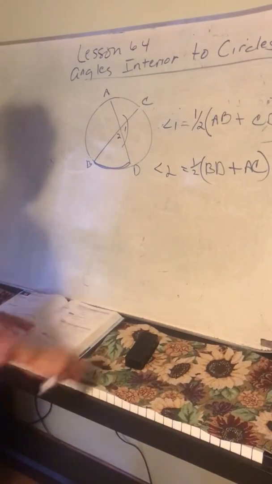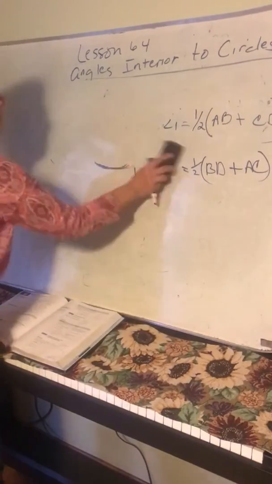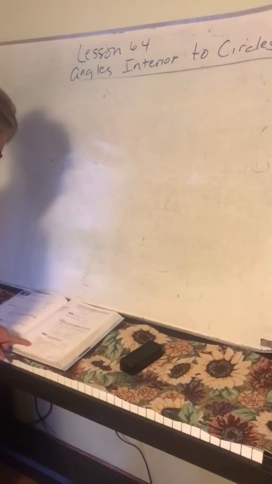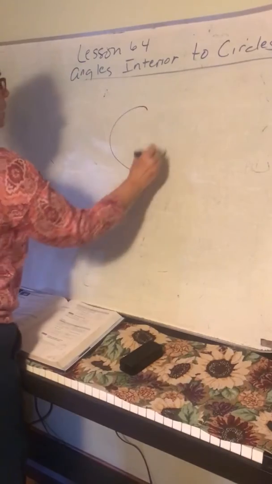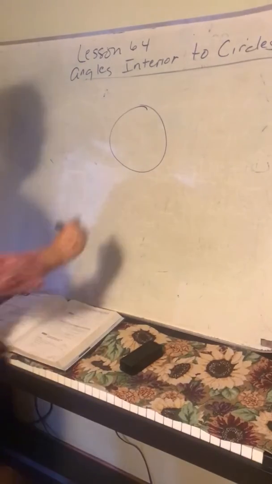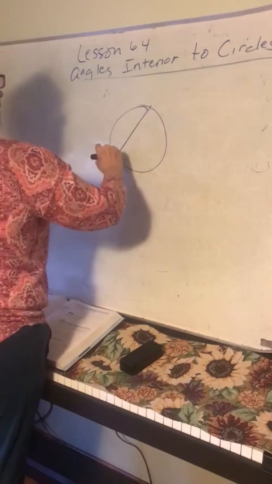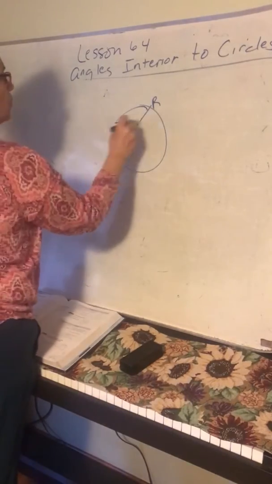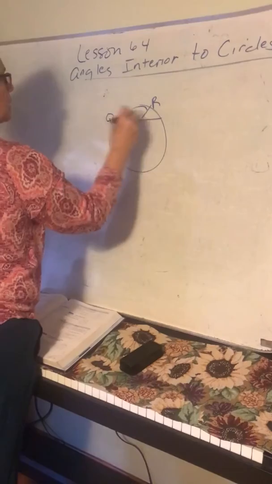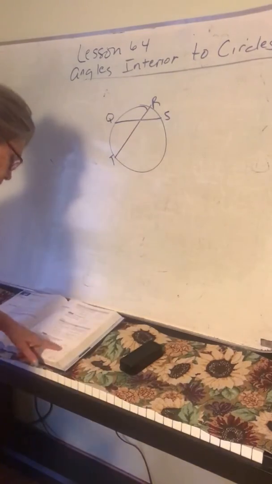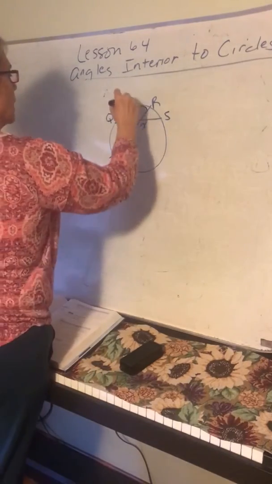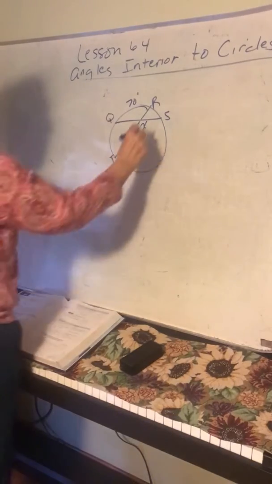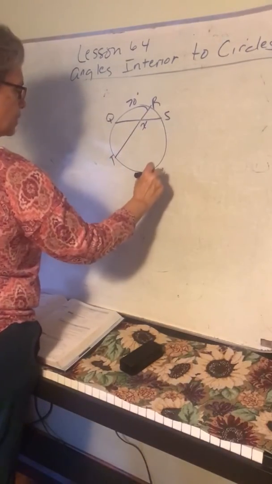Let's see if we can find one with some numbers on it so you can see that. This one is TR and QS, and we've got X here and 70 degrees here, and around here is 195 degrees.